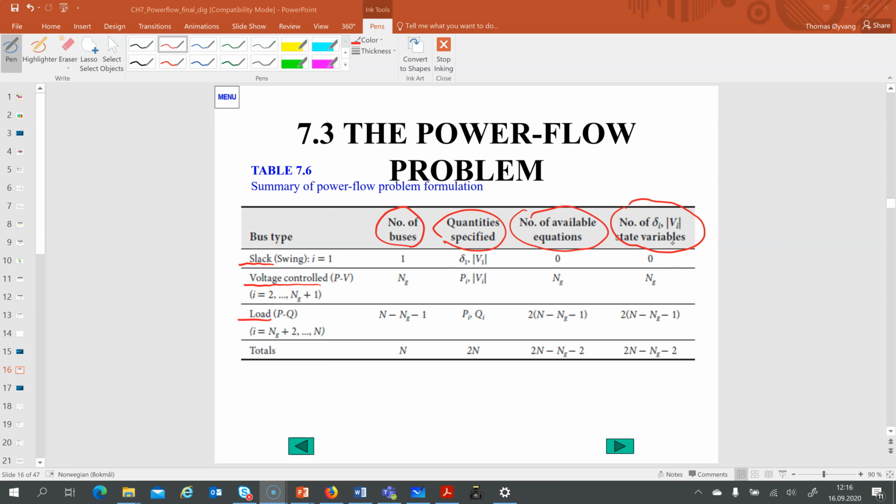What is interesting here is that the slack is just one bus that can be defined as a slack bus. Voltage controlled buses or PV buses have some NG, we can call it, number of generator buses. And for the load buses, the total minus generator buses minus the slack bus will give us how many load buses we have. The total number of buses will be N.